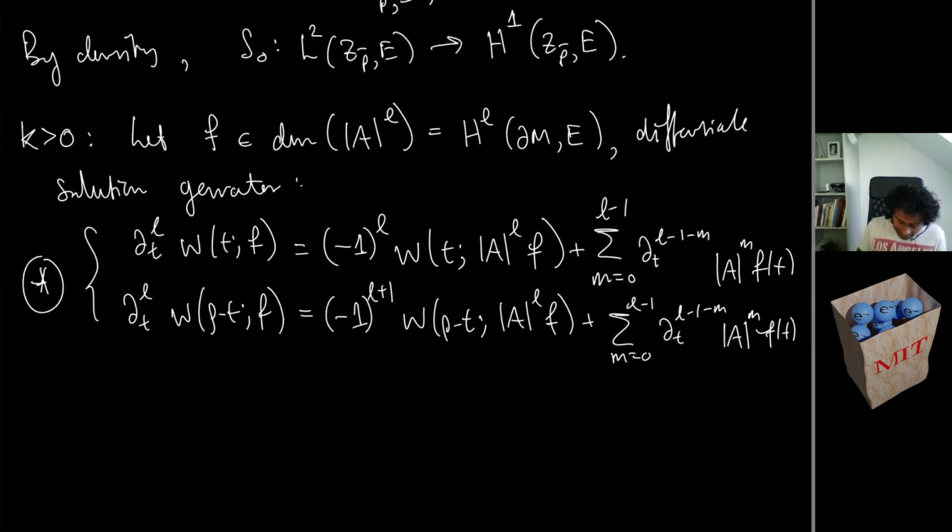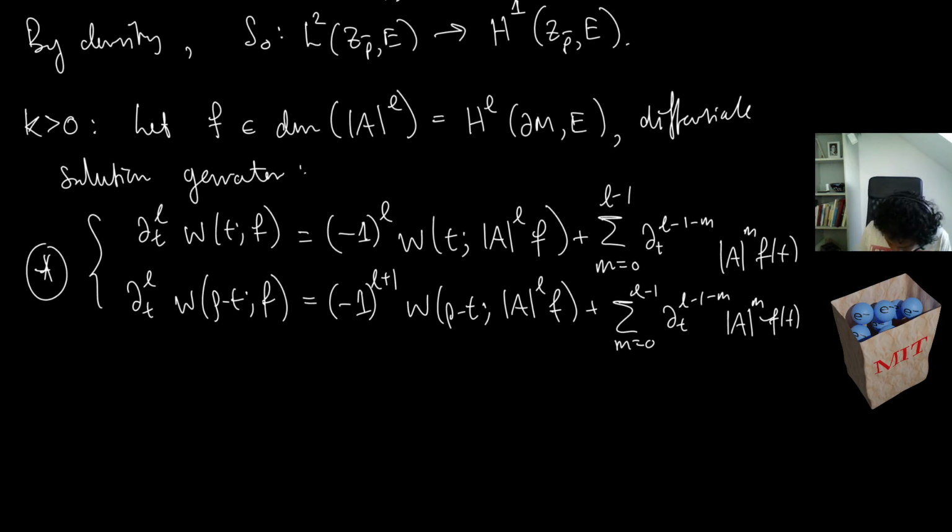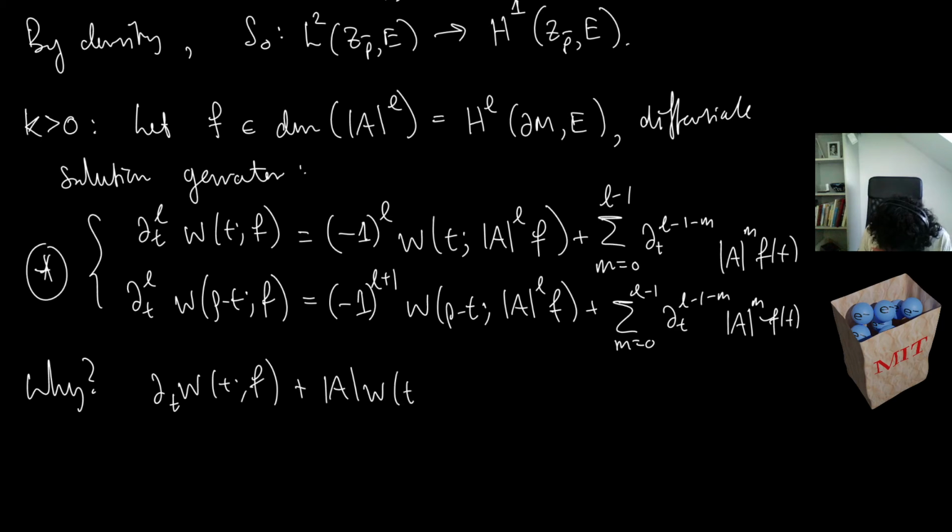Okay, so why does this happen? Let's just recall why this is true. Remember that w partial t of wt f plus modulus a wtf. This is the problem that we're solving. This solves this inhomogeneous Cauchy problem.